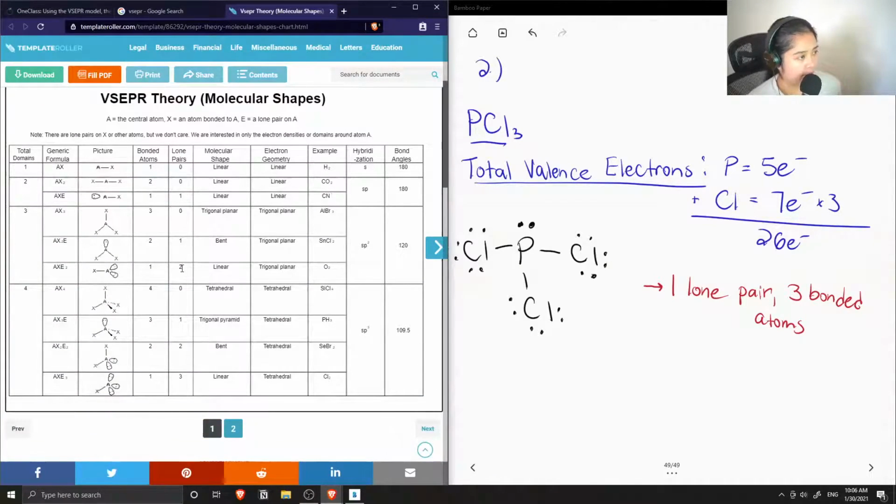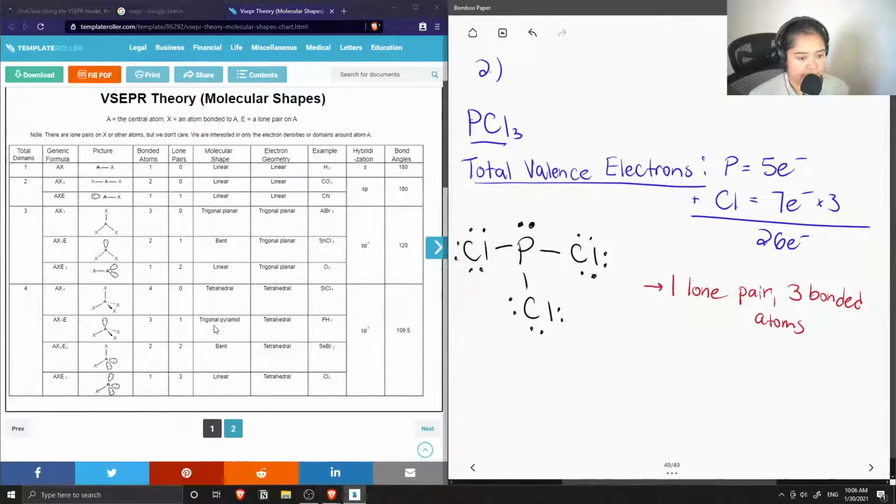Okay, so when a molecule has 1 lone pair and 3 bonded atoms, it has a trigonal pyramid molecular shape. And also, its electron geometry would be considered tetrahedral.